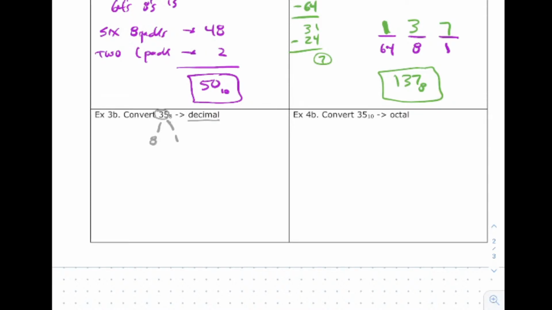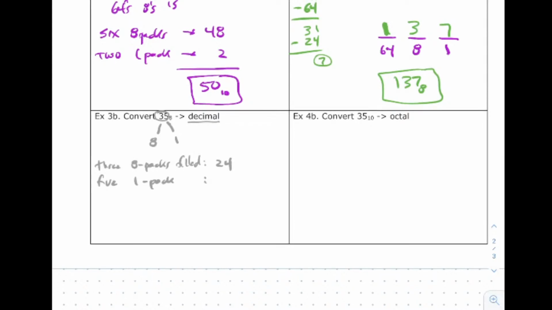So notice I've got 3 8 packs filled up. 3 8 packs means I got 24. I got 5, I don't know if you want to call it a 1 pack, but I will. 5 1 packs gives you 5. And so this is the number 29 normally. 3 5 in base 8 is what we normally think of as a 29.